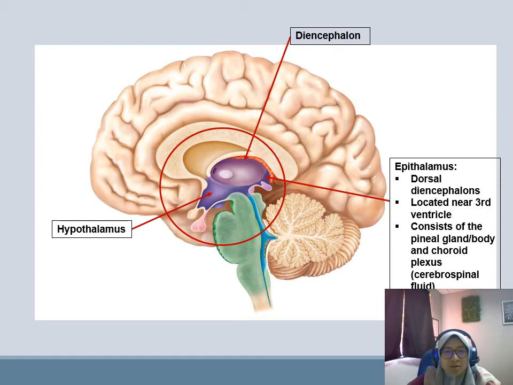Where is the pineal gland? The pink one here. The choroid plexus is the blue one here, because the choroid plexus contains cerebrospinal fluid. Later you will know the function of cerebrospinal fluid. This pineal gland secretes melatonin. What is melatonin? Melatonin is a sleep hormone, the hormone that makes you feel sleepy.